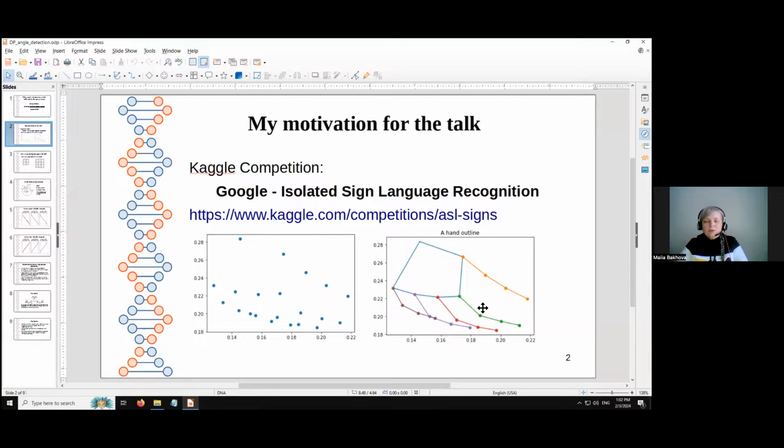I was doing it because I thought to use this information for data augmentation.